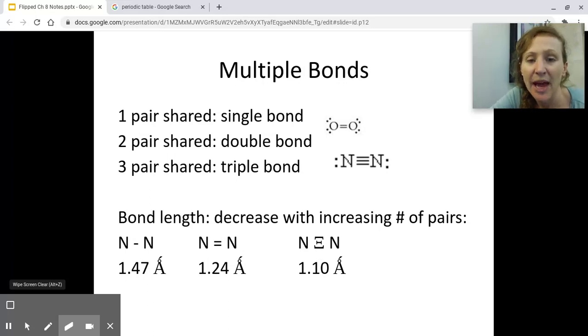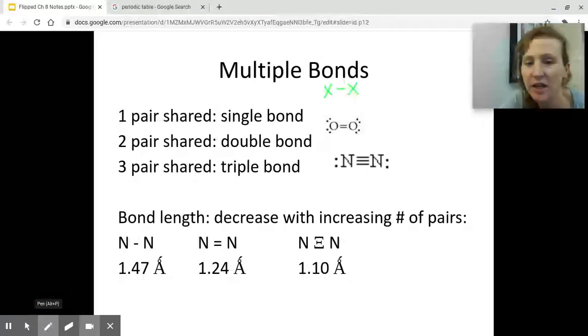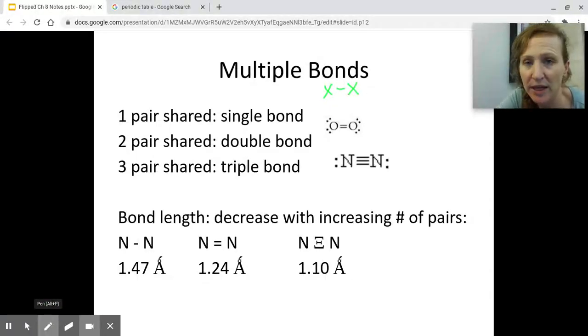Now, as we increase in bonds, so single bond versus double bond versus triple bond, the bond tends to get stronger and the bond length is going to get shorter. So single bonds are the longest, double bonds are shorter, triple bonds are even shorter yet.